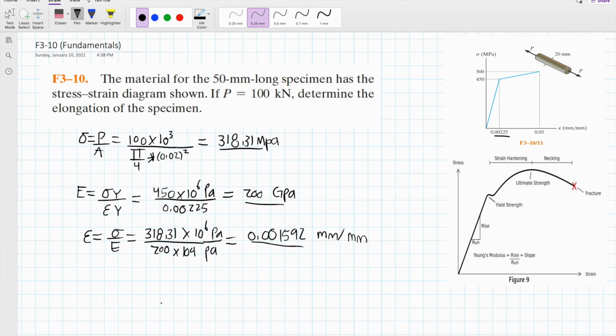Now we have everything that we need to determine the elongation of the specimen. And the equation for this is simply delta equal to your strain times your length. For the strain, we have 0.001592 multiplied times the length, which is 50 millimeters.